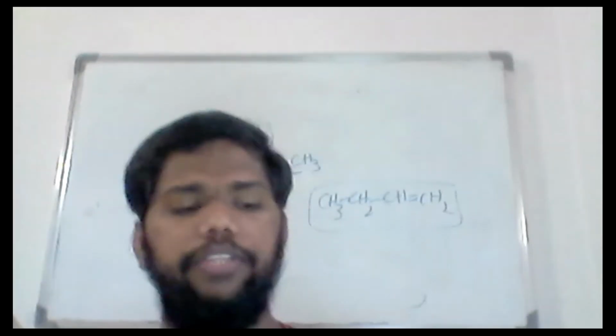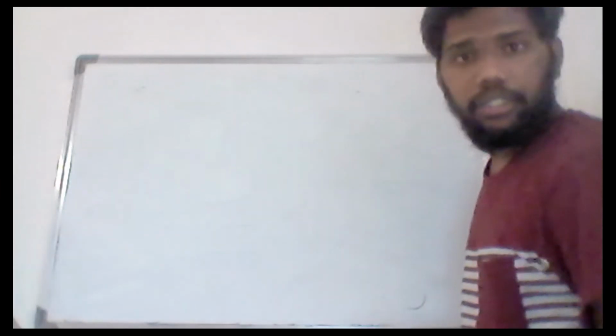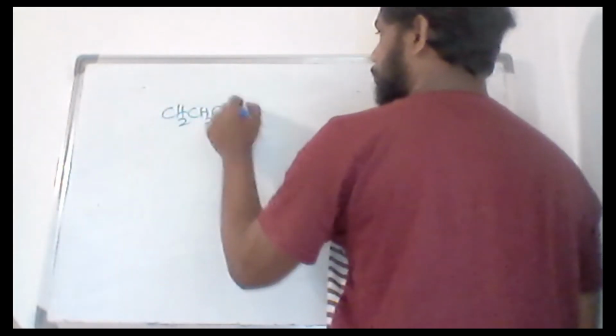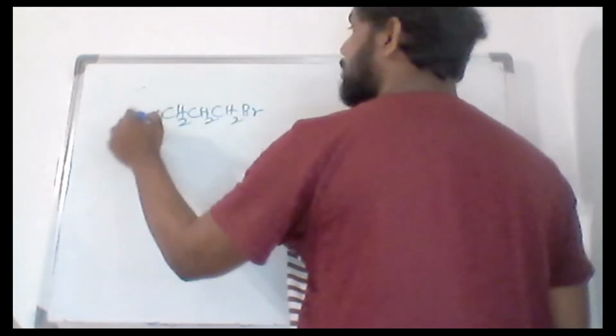The simple explanation is you can consider the reaction that can happen when you add these two. You have the compound that is given, CH2, CH2, CH2, Br, and here there is OH.